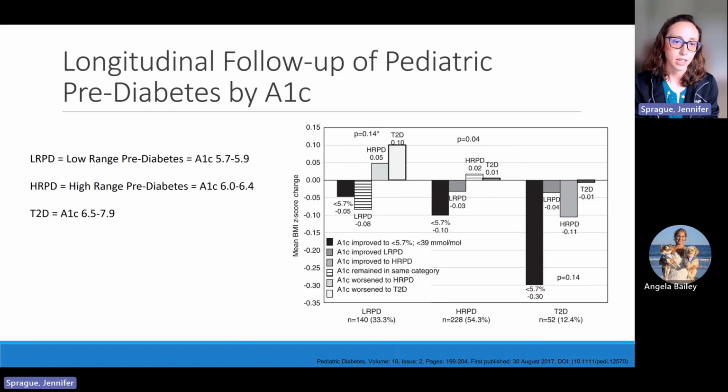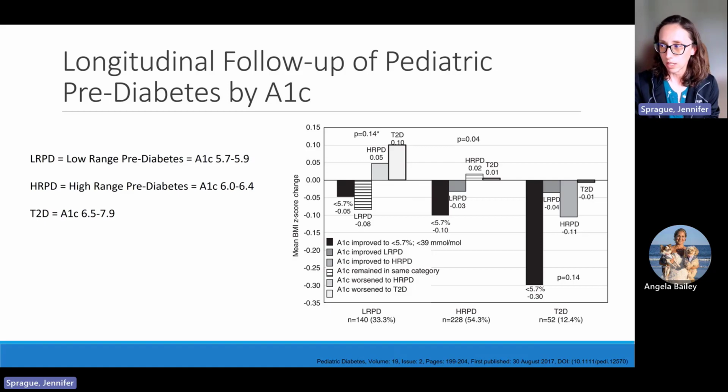This was done as an electronic medical record data extraction between 2008 and 2014, and they classified low risk or low range prediabetes as A1C 5.7 to 5.9, high range prediabetes as A1C 6.0 to 6.4, and type 2 diabetes as 6.5 to 7.9. And then they looked at what happened to those kids over time. This was not an intervention study. This was just pulling the data out of their EMR.